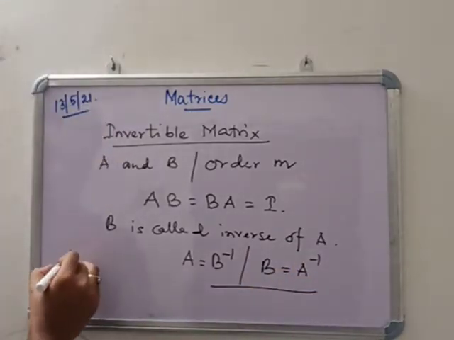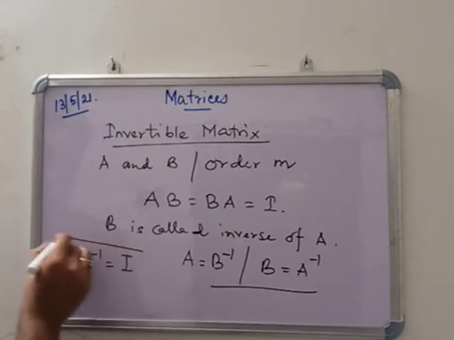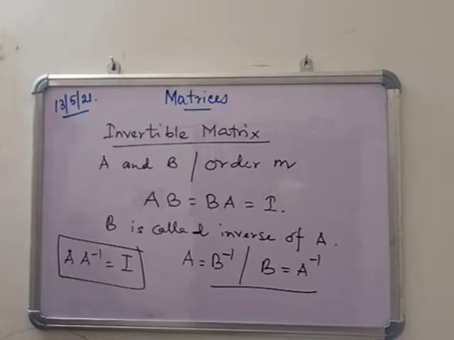Also we can say that A inverse A equals I. This is the main property for finding the inverse of a matrix by elementary operation.